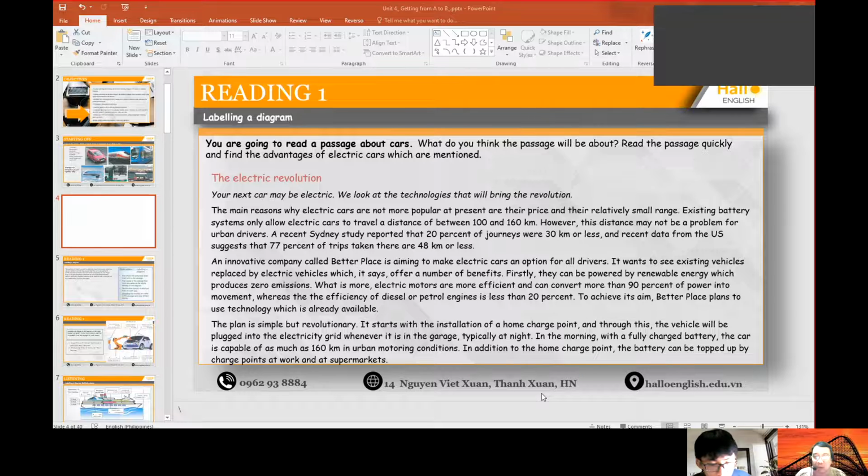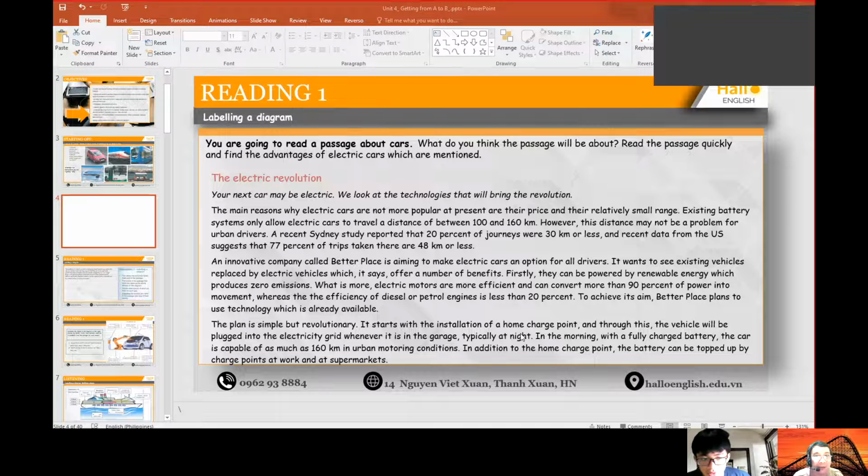Where did you find that? The first advantage exists in the second paragraph of the body, right? Because we have three paragraphs of the body in here, so the second paragraph of the body, and there you can find it.